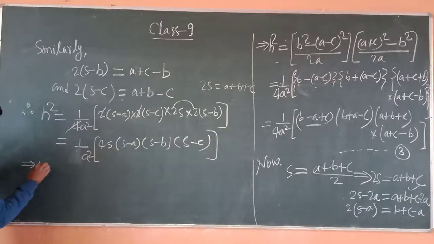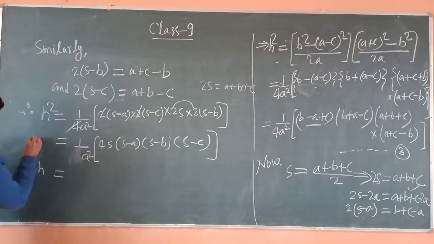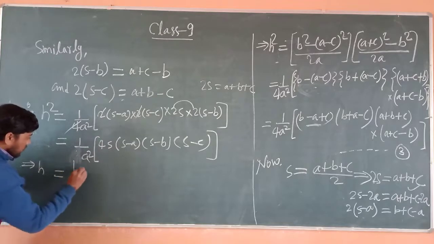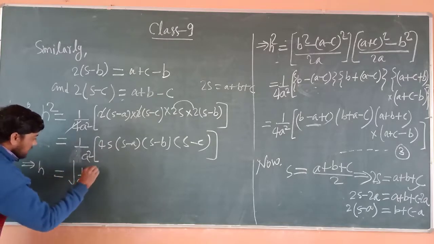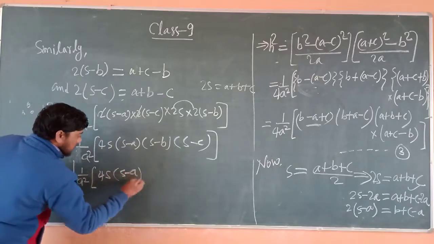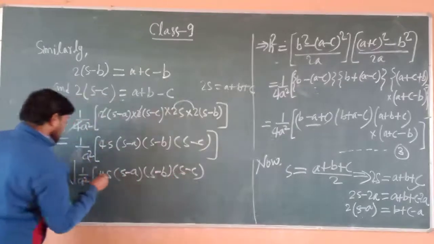So h is equal to under root of 1 upon a square into 4s into (s minus a) into (s minus b) into (s minus c).